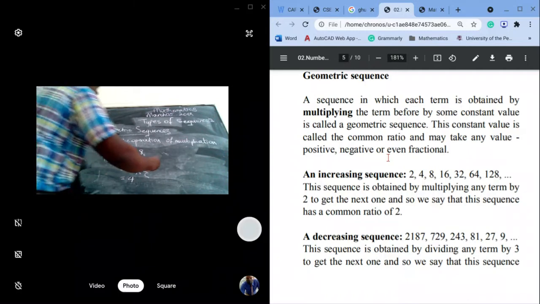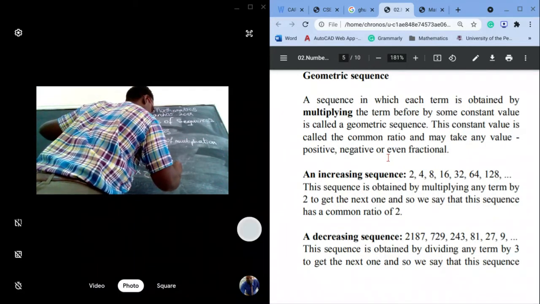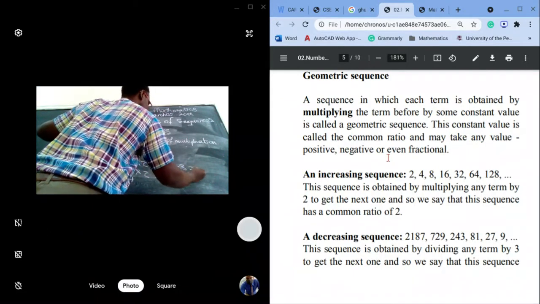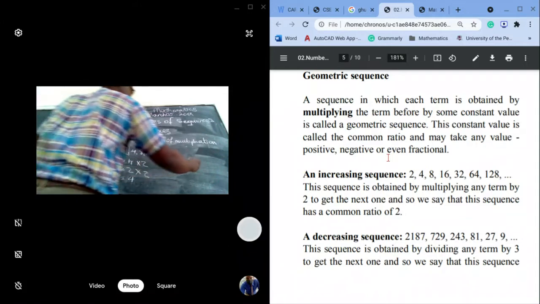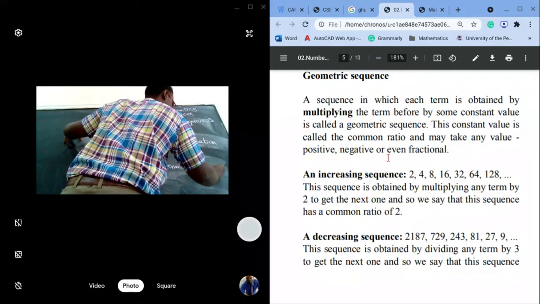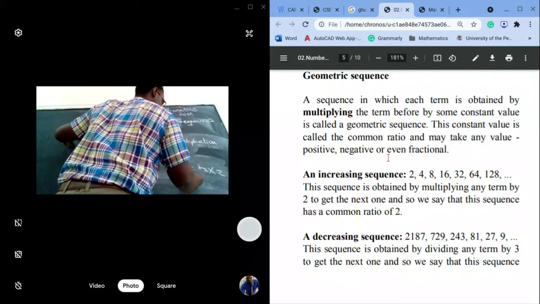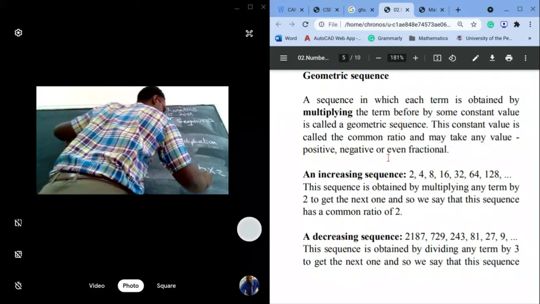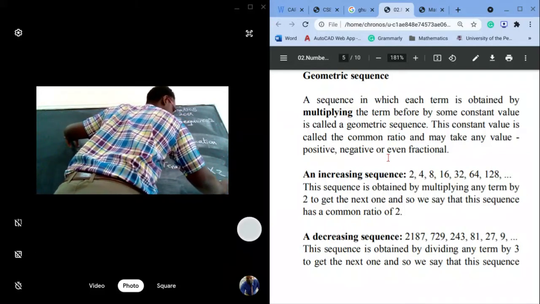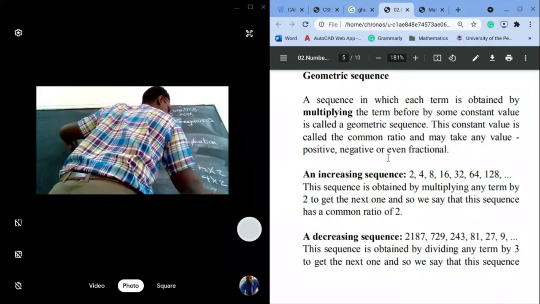Let's look at term 3, which is going to be now, equal to term 2 multiplied by 2, which is equal to 4 times 2, and that is 8.